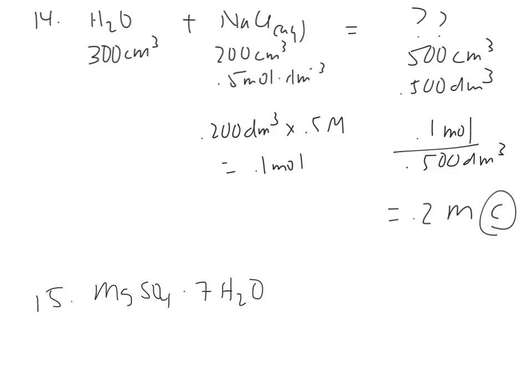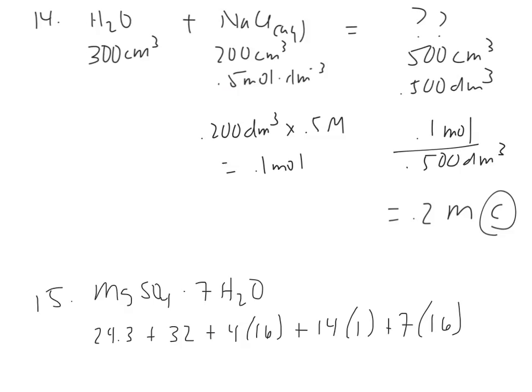So for an approximate molar mass, you've got about 24.3, or 24, for magnesium, 32 for sulfur, 4 times 16 for oxygen. And if you remember that water is 18.02, that's great. Otherwise, 14 times about 1 for the hydrogen, 7 times the 16 for the oxygen.